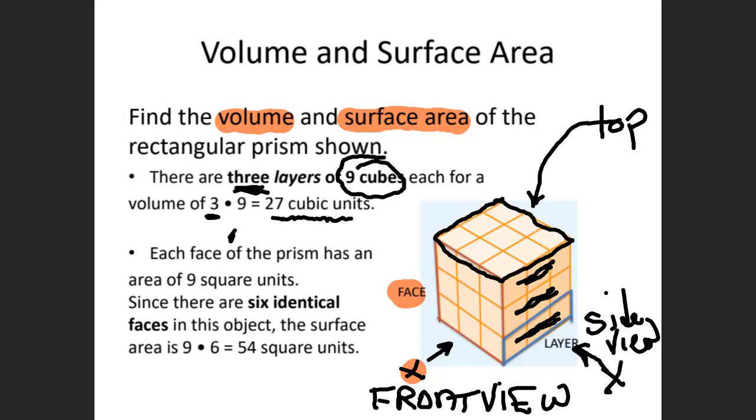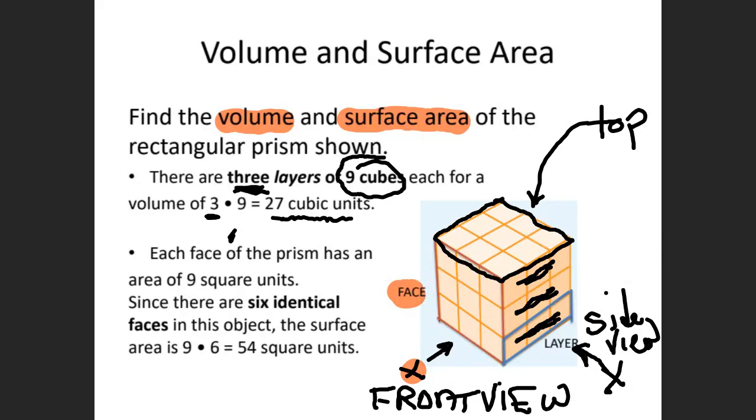So that is what I'm looking at. 3 layers. Each layer has 9 sugar cubes. And notice cubic. Cubic is 3.